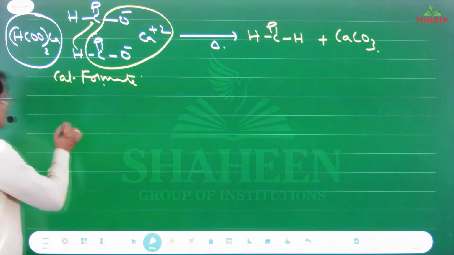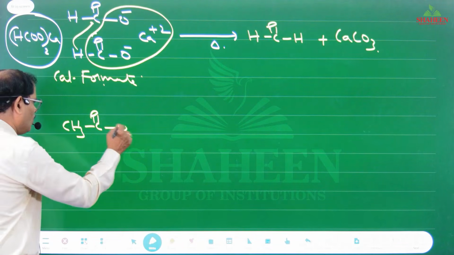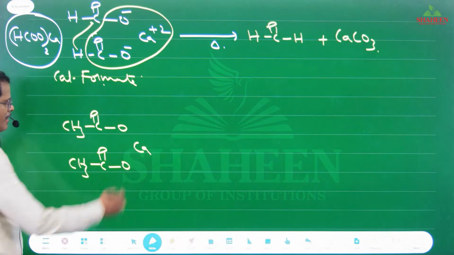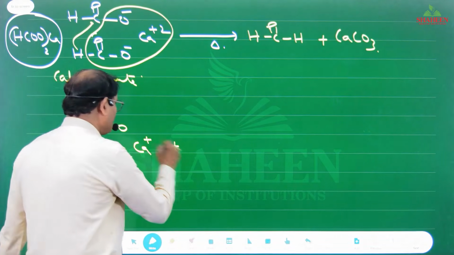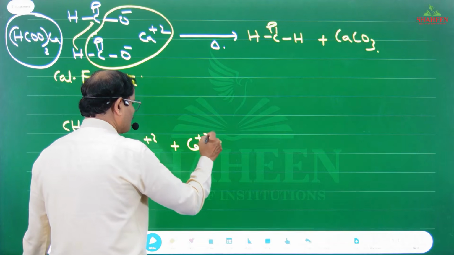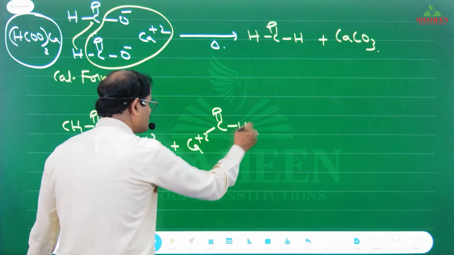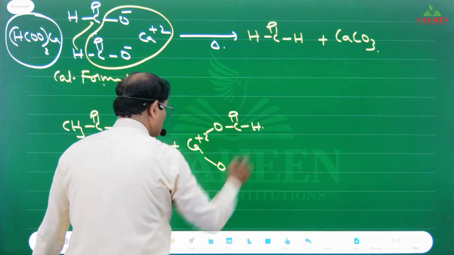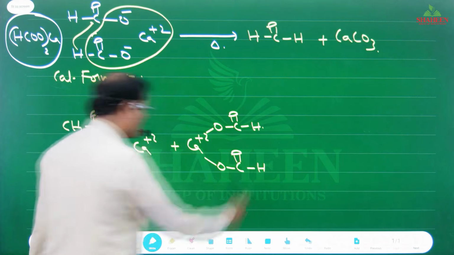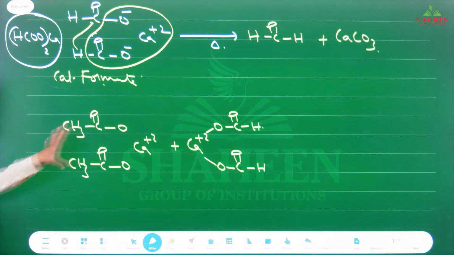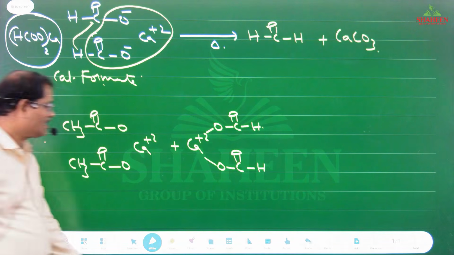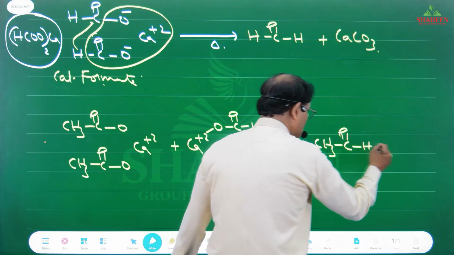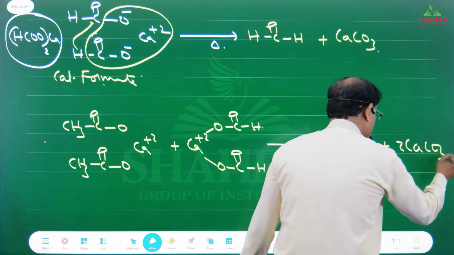Similarly, for a mixture of calcium acetate and calcium formate, you can get acetaldehyde plus calcium carbonate.